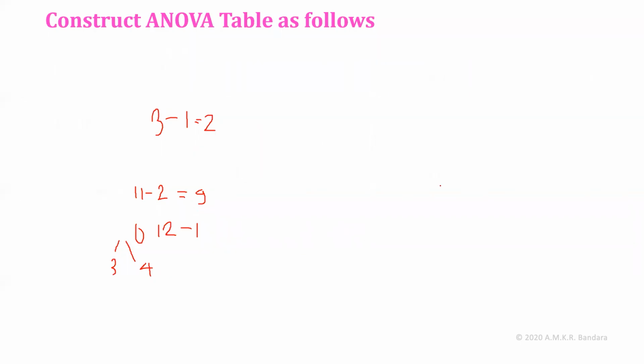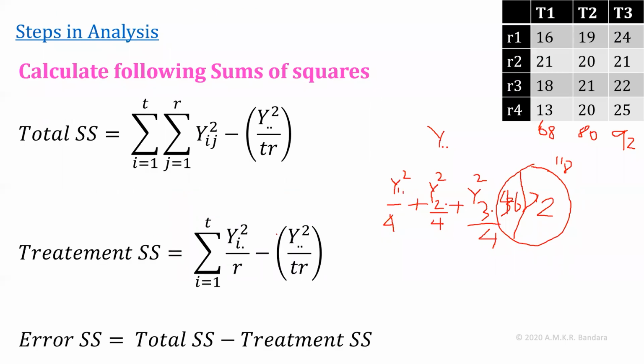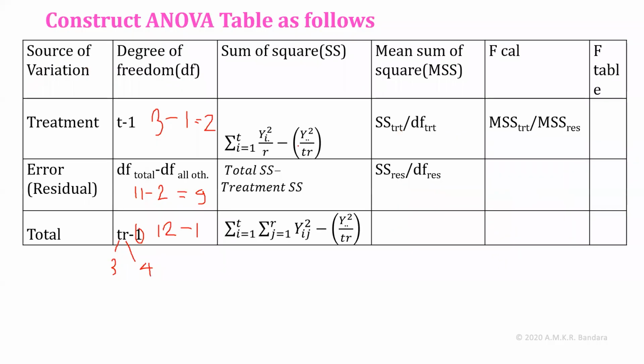It is given here in this formula. We found the value for this data set as 180. This is the total sums of square, 180.